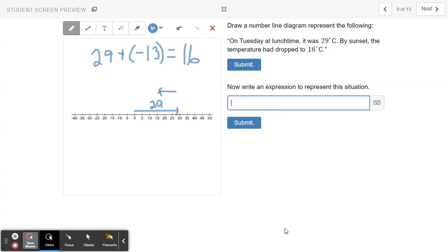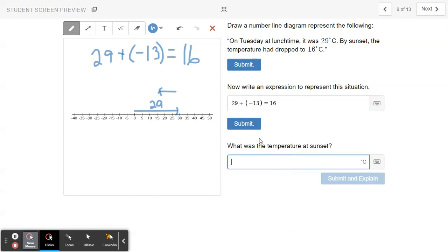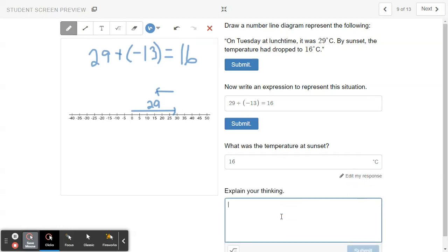So I'm going to write that. We started at 29 degrees. We added negative 13. And I could even write in that that equals positive 16. And the temperature at sunset was 16 degrees. And then here I can explain my thinking, right?